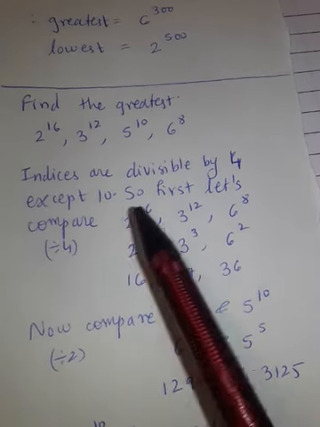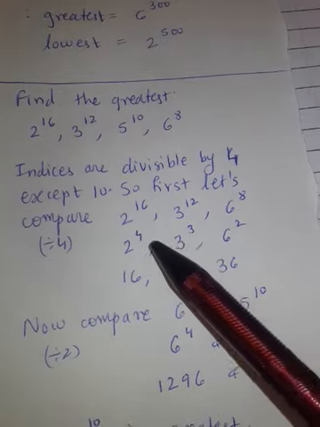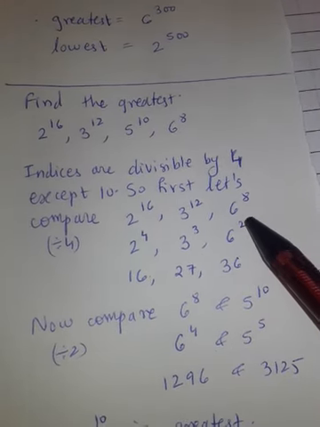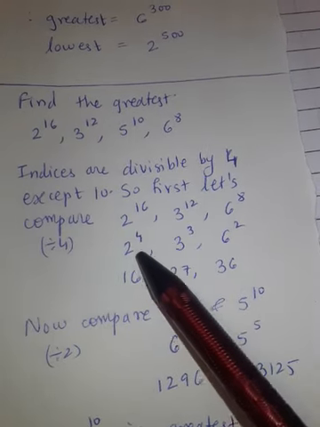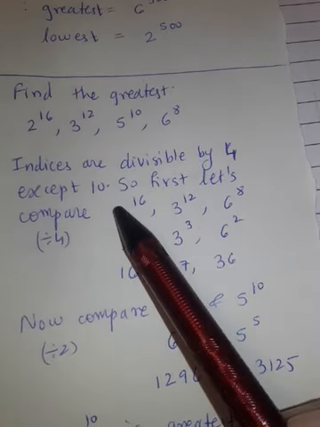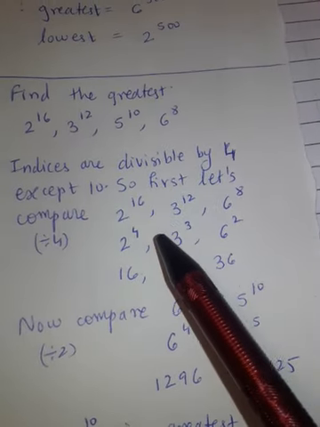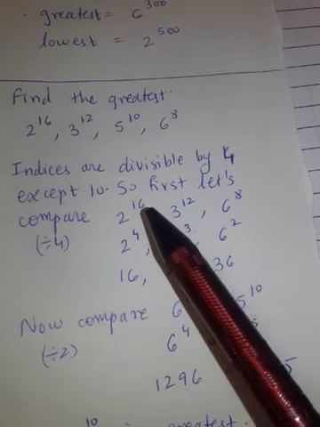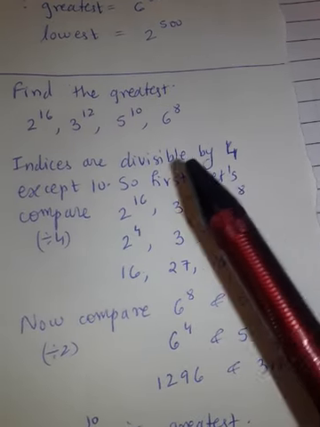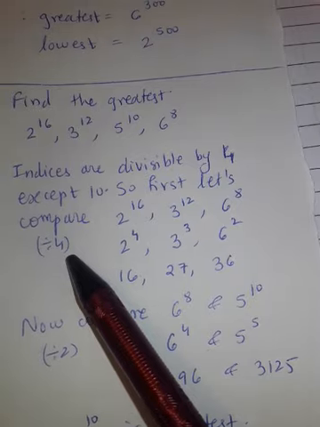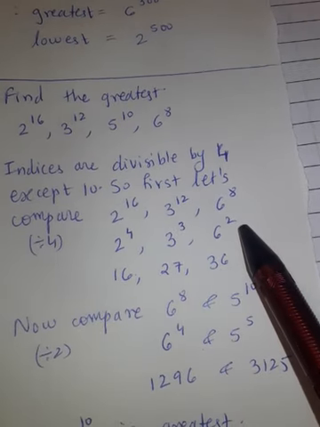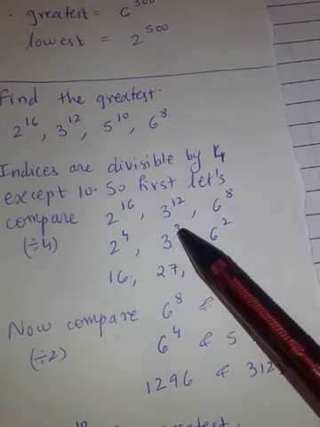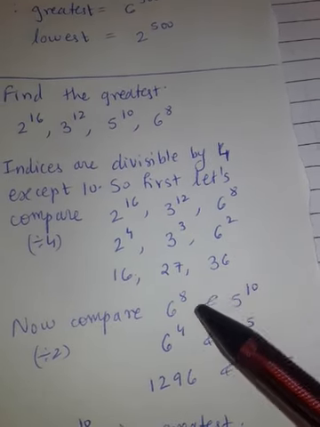When I divide these indices by 4, I get 2 raised to 4, 3 cube and 6 square. Again remember, they are not equal to the original numbers, but we can use them for comparison purposes because we have reduced every index by a similar number, 4. 2 raised to 4 is 16, 3 cube is 27, 6 square is 36.